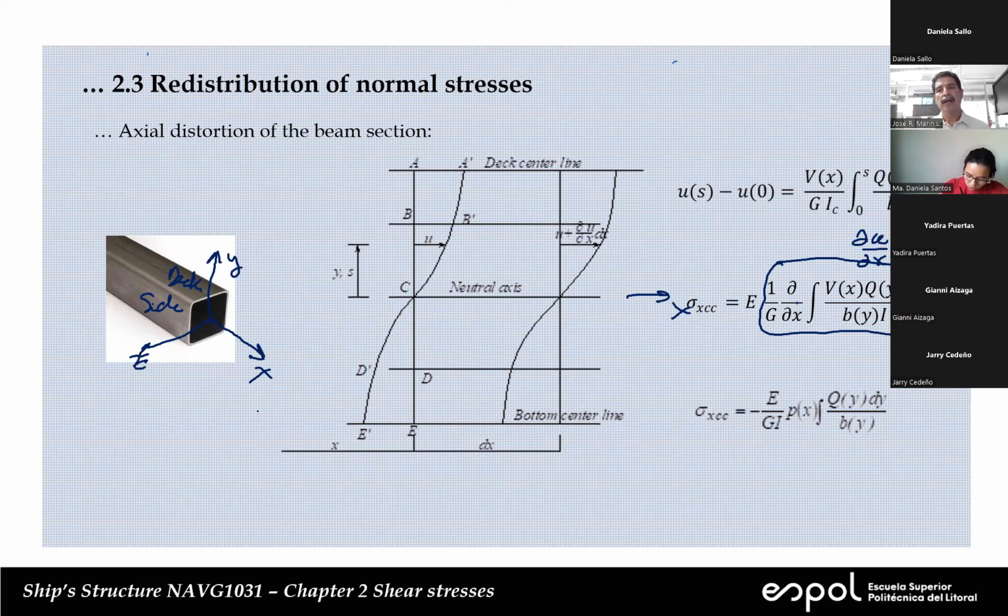Sigma x is equal to minus moment y divided by, Mr. Medina, do you remember? No? Mr. Carranza? The inertia, exactly, divided by the inertia.